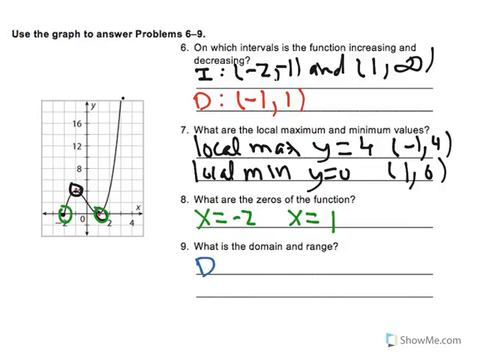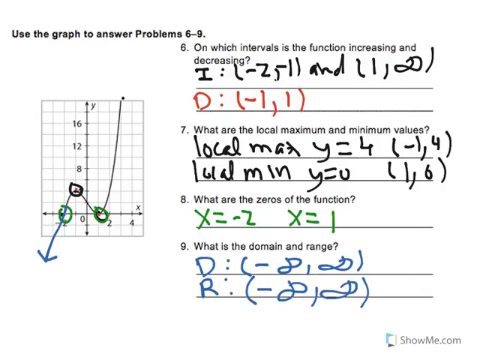Well, we're assuming that this graph continues on this way, so the domain for this graph will be all real numbers, from -infinity to positive infinity, and the range goes on forever, so that will be from -infinity to positive infinity. Okay, or another way is to assume that the graph doesn't go on forever from there.